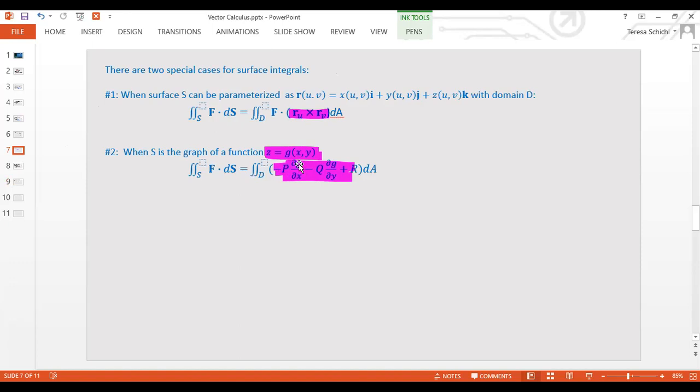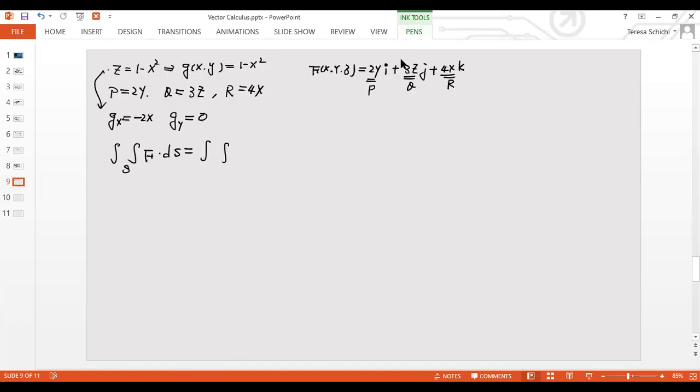The second equation is negative P ∂g/∂x, negative Q ∂g/∂y, plus R. Now P is 2y, so negative P times ∂g/∂x is negative 2y times negative 2x, minus Q, where Q is 3z, times ∂g/∂y, which is 0, then plus R, where R is 4x.